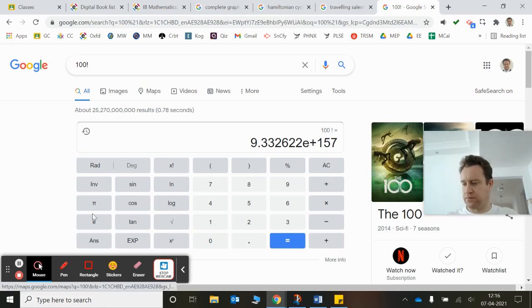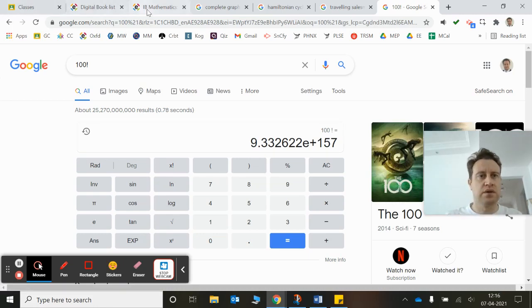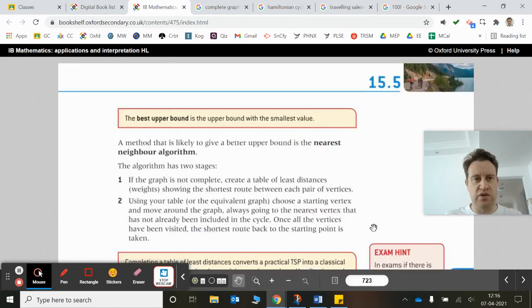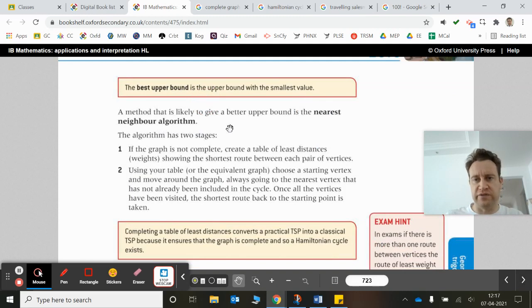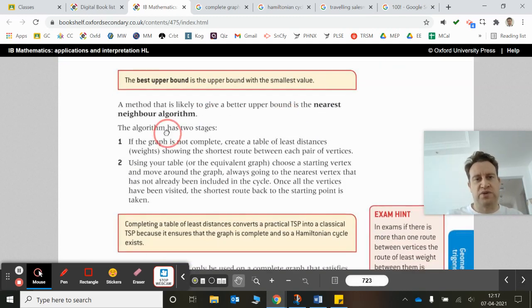Okay, so let's have a look at one of the problems then. Let's have a look at the best upper bound algorithm. This is called the nearest neighbor algorithm, which basically does what it says. It goes to the closest neighbor each time in order to complete a circuit.